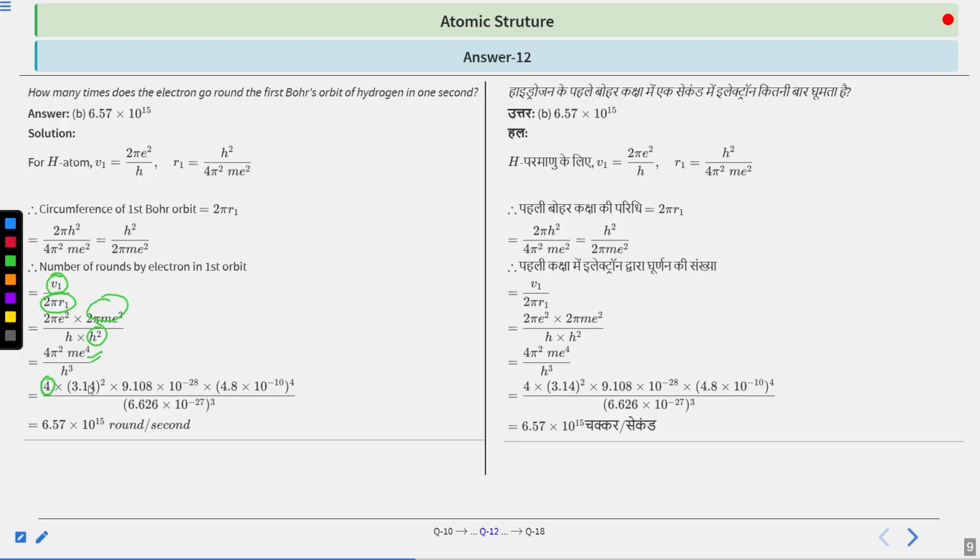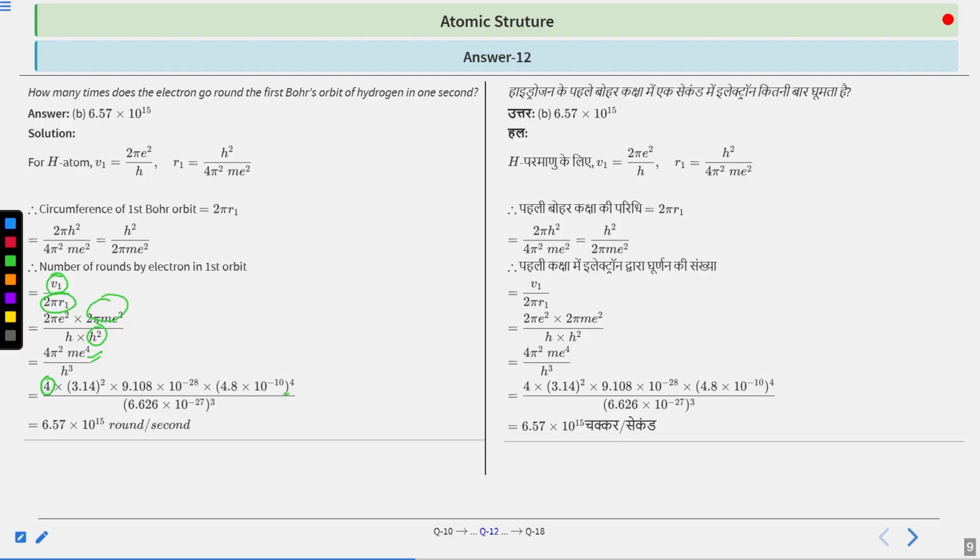So it is 4, pi is 3.14 whole square, mass of electron is 9.108, so you can take it 9.1 also, no problem, into 10 to the power minus 28 multiplied by 4.8 into 10 to the power minus 10 raised to the power 4, that is your charge, okay, divided by h cube, which is your Planck's constant, 6.626 into 10 to the power minus 27, and that is to the power 3.